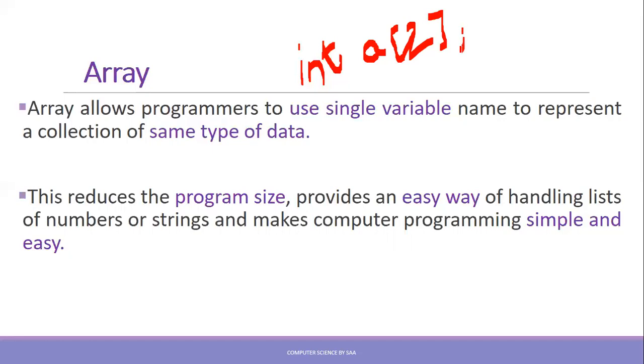This is the way to declare an array. I have declared the array of size 2 over here with the name A and its data type is int. So it means that I am going to create an array of integer data type.